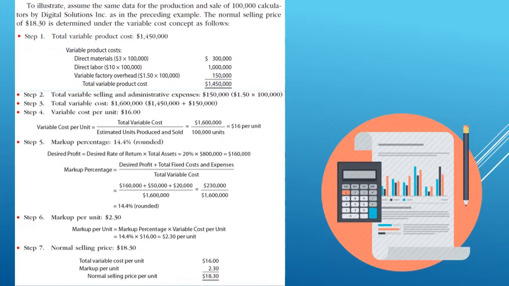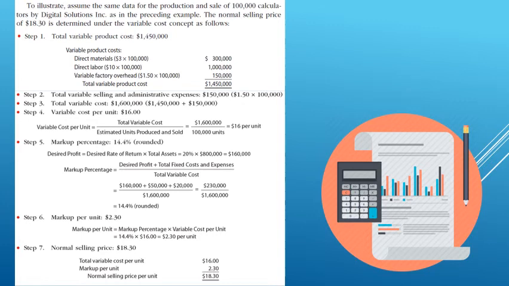So step 2 is the total variable selling and administrative expenses, which is $1.50 multiplied by 100,000 calculators. So we came up with $150,000. Third is the total variable cost, which is $1,600,000.